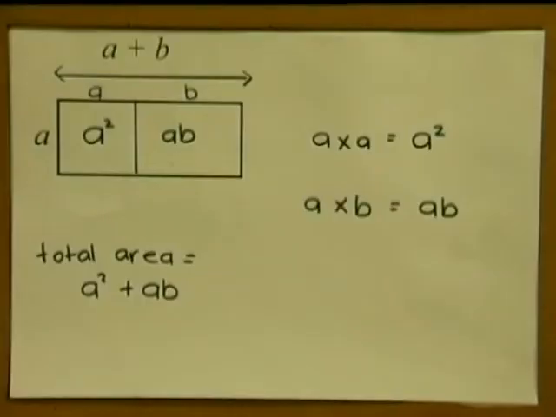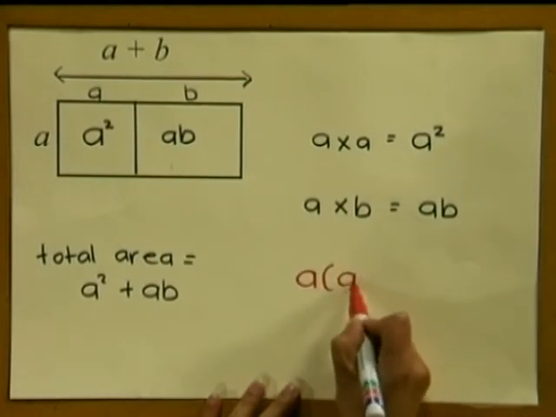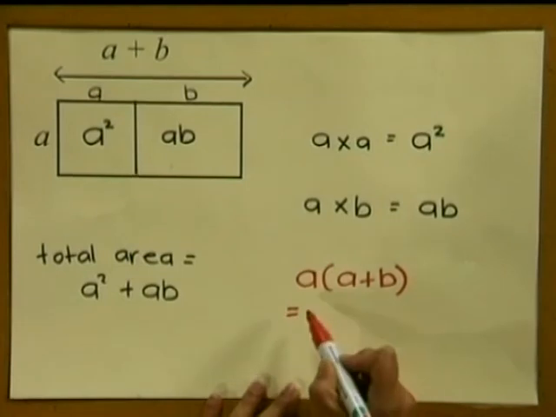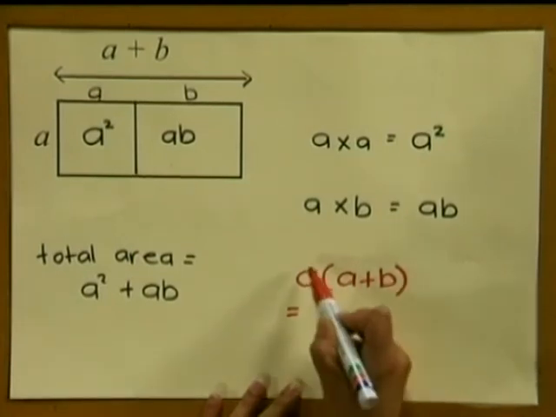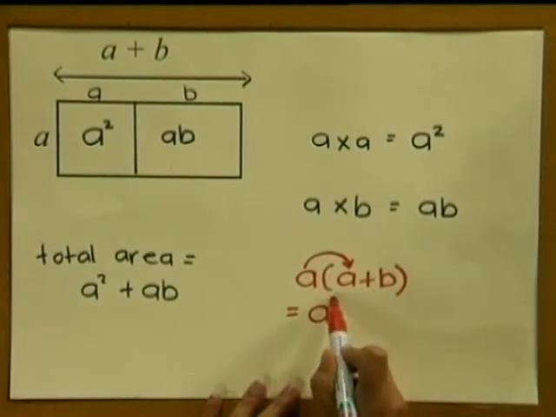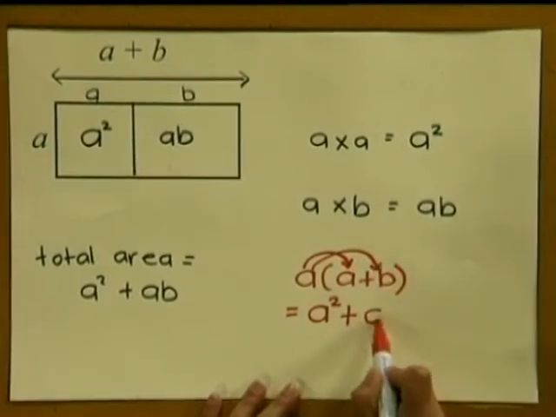Now what would happen if we tried to do the same multiplication algebraically? Well, let's write it. So we have A multiplied by A plus B. And what we need to do is multiply each term inside the bracket by our A. So we're going to have A times A, and we're going to get A squared. And then we're going to have A times B, and we get AB.